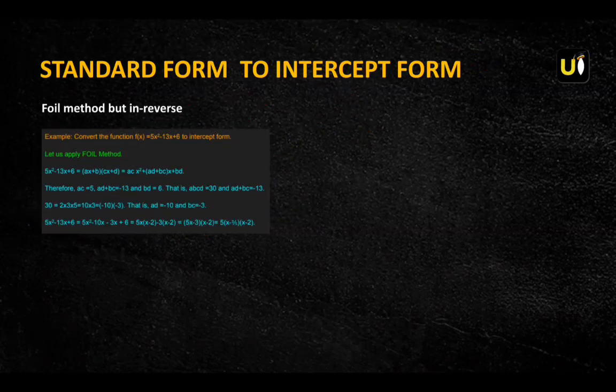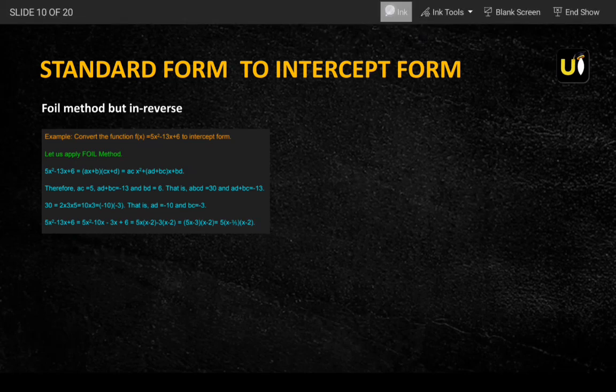Next, so now let's discuss how to convert the standard form into intercept form. So previously we have seen how to convert the intercept form into its standard form. So now suppose we were given a standard form like this, then how to convert this into the intercept one.